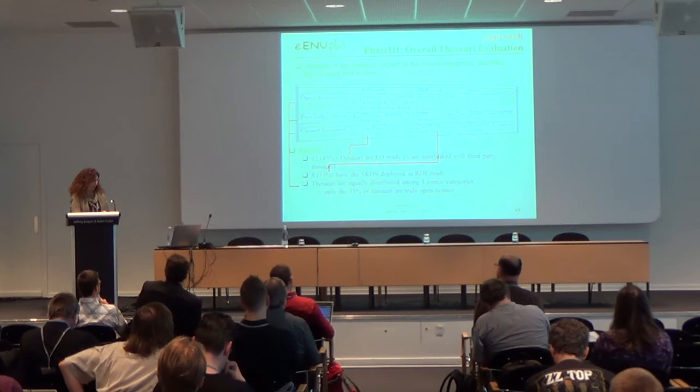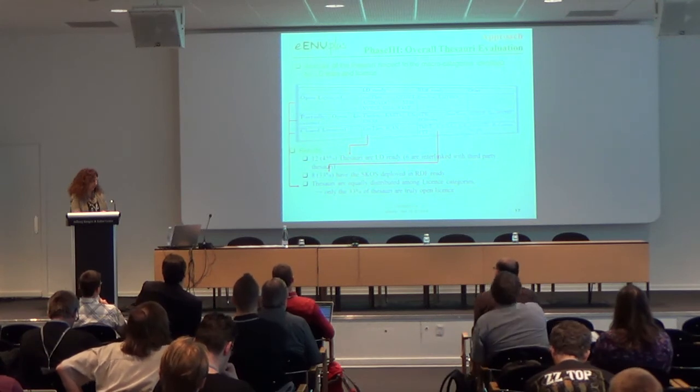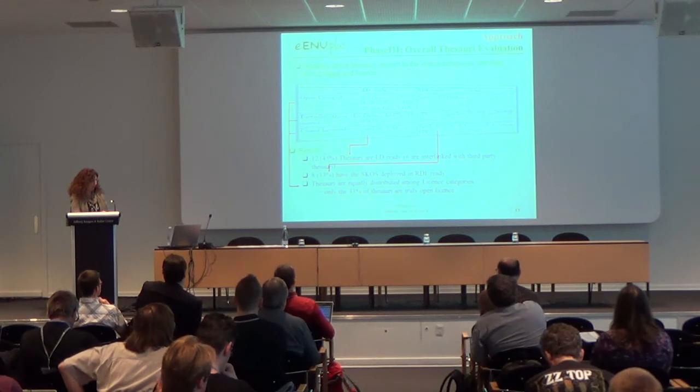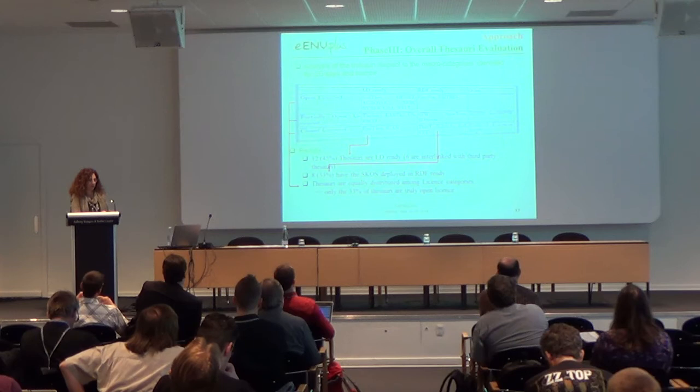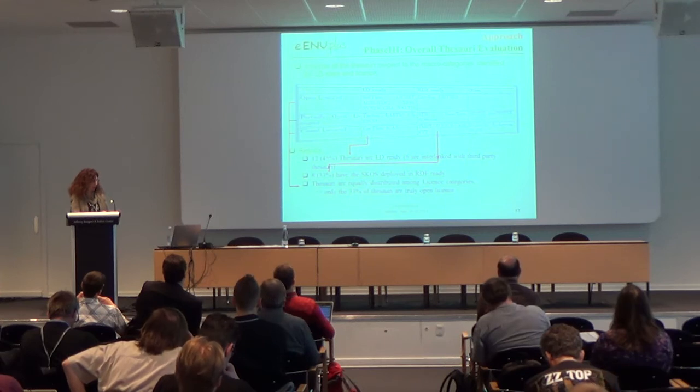We found that 6 are already interlinked with other third-party Thesauri. We have 33 Thesauri that are in SKOS and RDF ready, but not with the HTTP URI differentiability. And anyway, we have a quite equal distribution among the licenses.